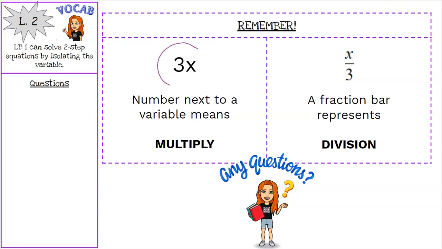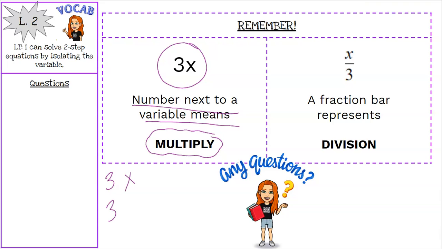Reminder, 3x, a number next to a variable, means we are multiplying. So you can read this as 3x or 3 times x. Sometimes we can put the little dot in the middle just to remind us that we are multiplying. x over 3, that fraction bar means to divide.